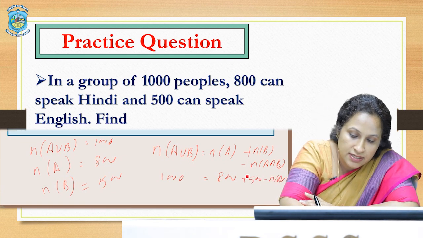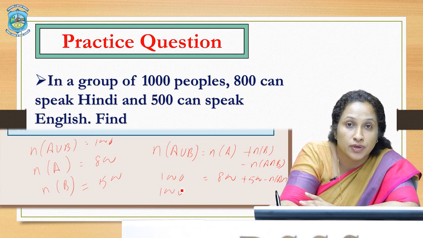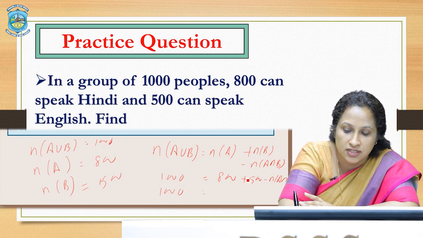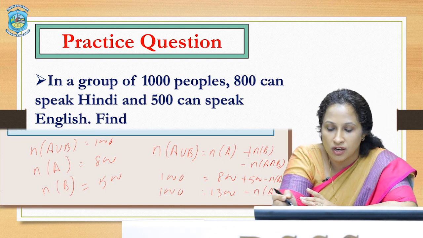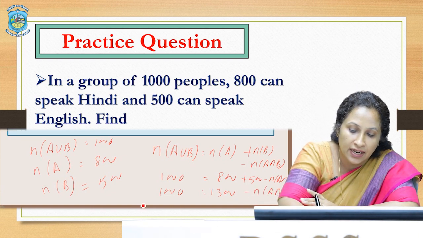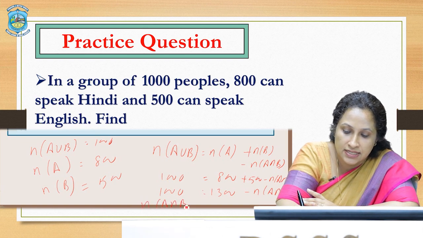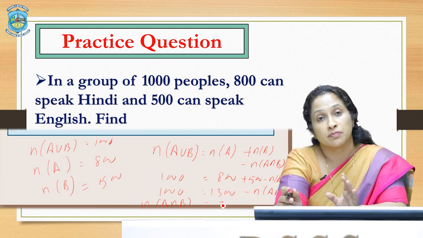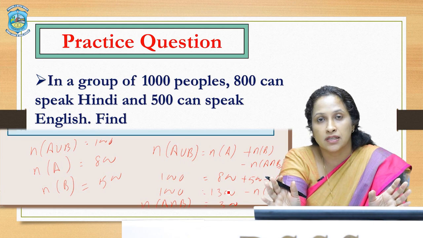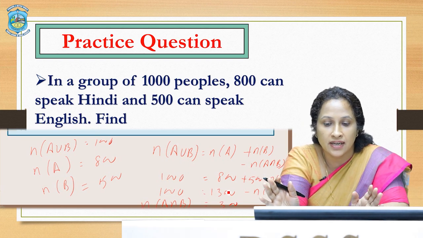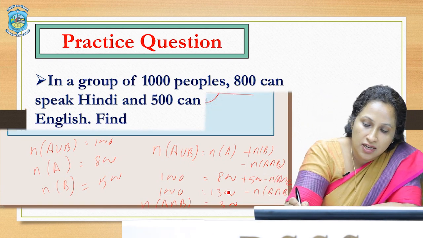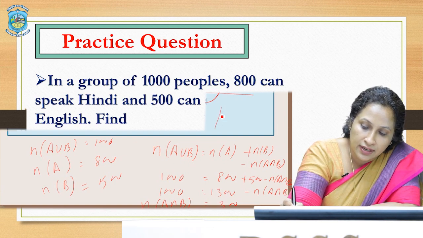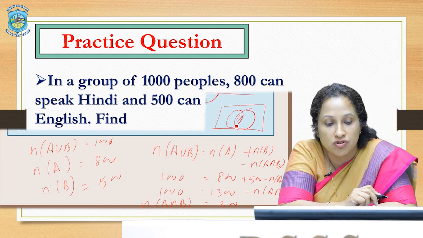Now, 1000 is equal to 800 plus 500 is 1300 minus n(A intersection B). Solve it and you will get n(A intersection B) as 300. That means there are 300 people who speak both Hindi and English. And the same thing you can pictorially denote like this. So, this is the common group which is 300.